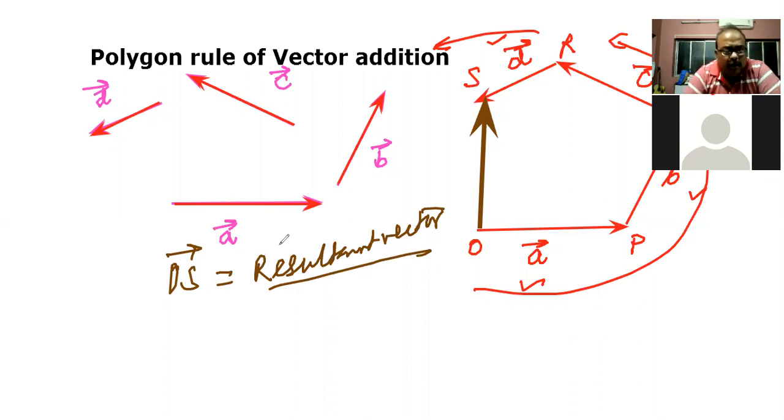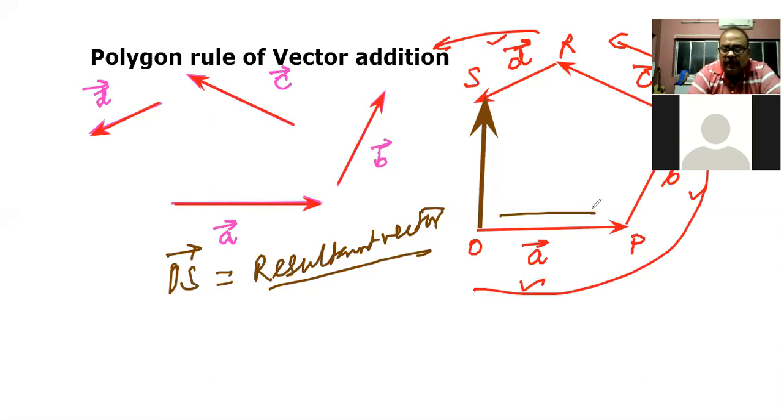If a number of vectors are represented both in magnitude and direction by the sides of an open polygon taken in a particular order, very, very important, the order is the same.